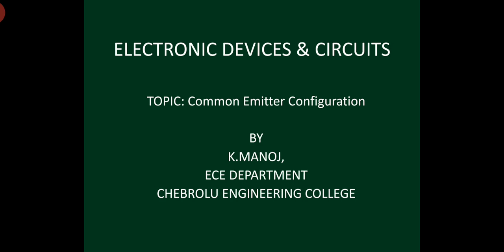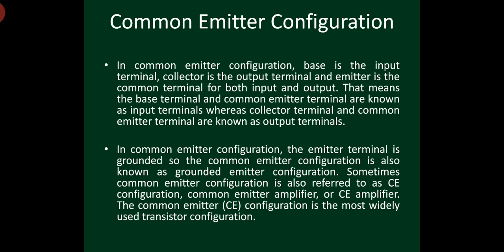So in common emitter configuration, base is the input terminal, collector is the output terminal, and emitter is common for both input and output. That means the base terminal and common emitter terminal are known as input terminals, whereas the collector terminal and common emitter terminal are known as output terminals.